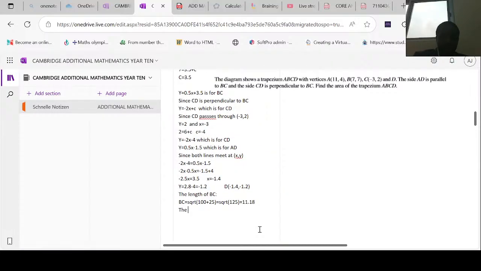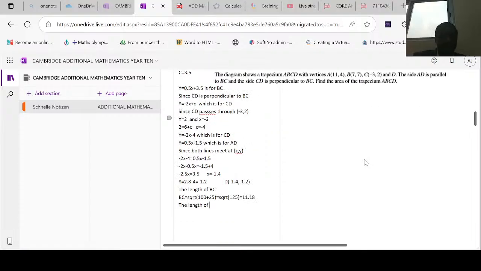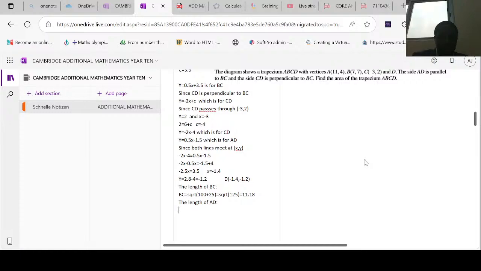So now the length of the other side of the trapezium, AD. That's AD equals the square root of, so A is 11 minus D, the x there is negative 1.4.